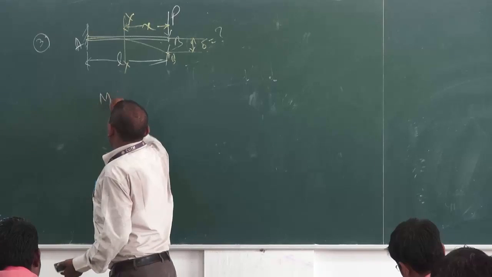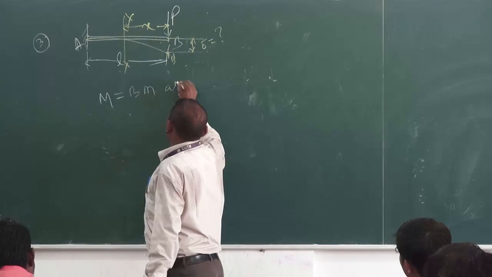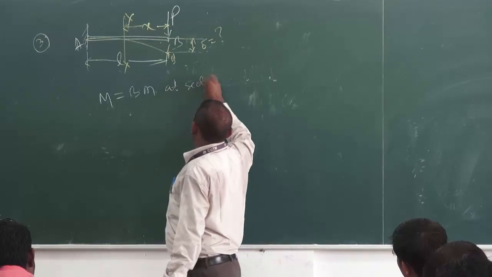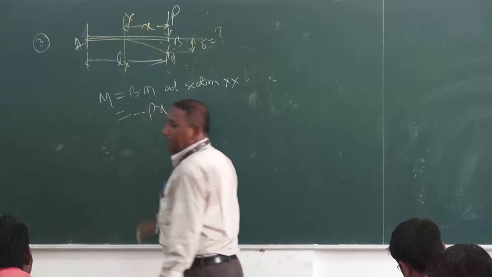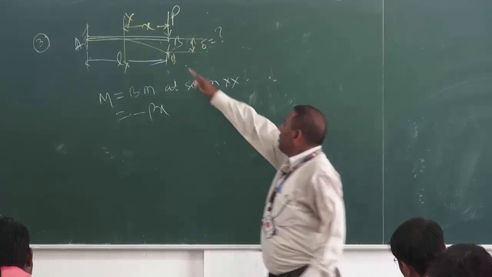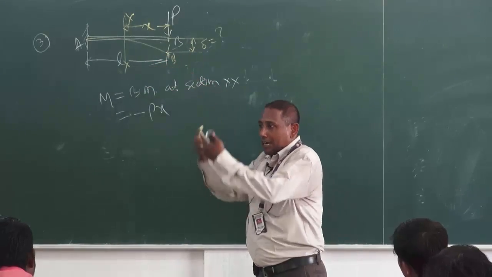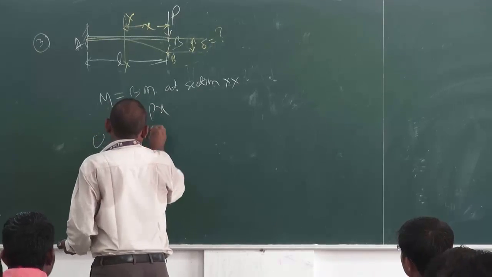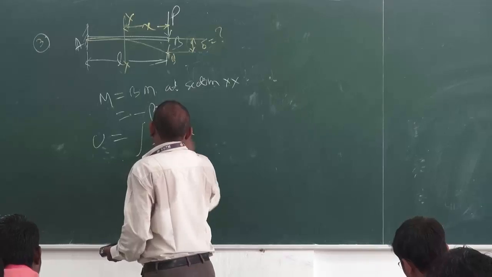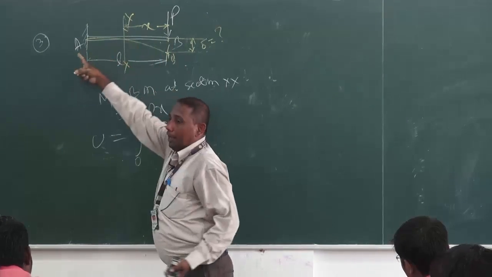Here M is the bending moment at section XX, which is nothing but minus P into x. Why is it minus? Because it is a hogging moment and the concave side is downward. And U is equal to integration from 0 to L of M square dx by 2EI.